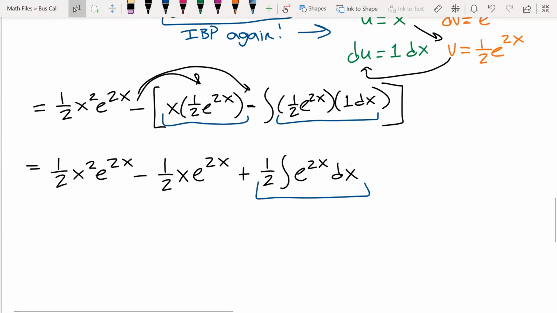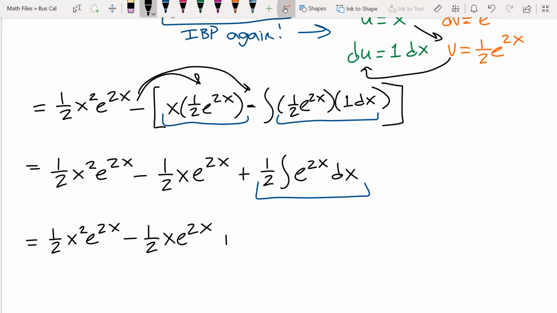So we just find that antiderivative and we clean up and we should be done. 1/2 x squared times e to the 2x minus 1/2 x e to the 2x plus 1/2 times the antiderivative of e to the 2x, which we've done two times already. This will be 1/2 e to the 2x plus c.